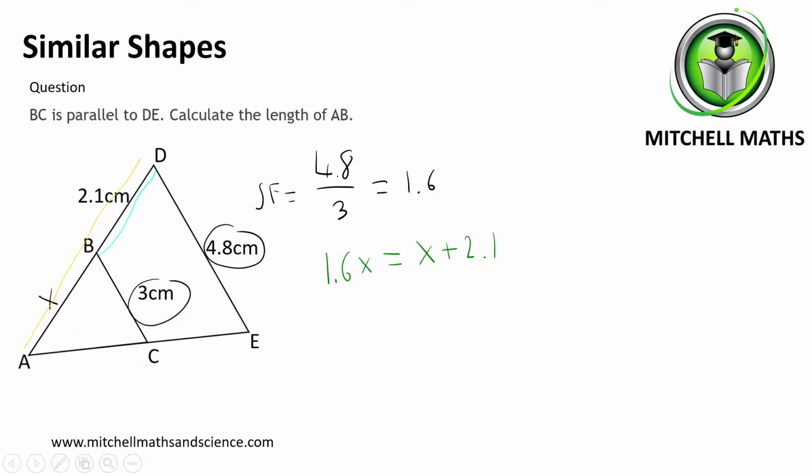And once I've got that equation, it's just a case of rearranging it in order to find out what X is, which is the length AB.